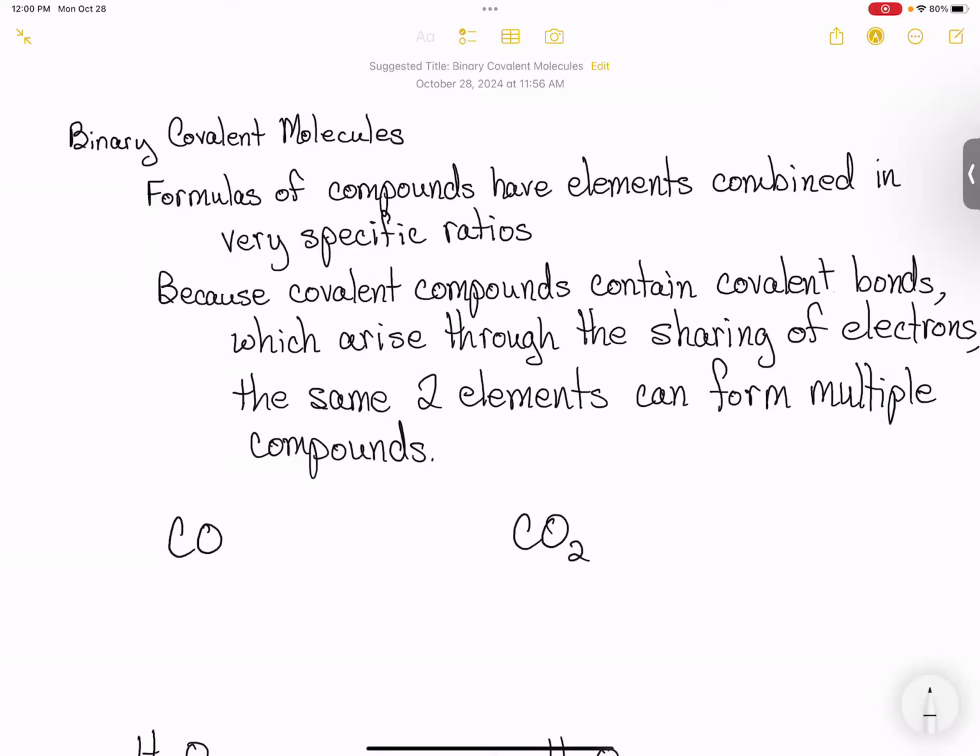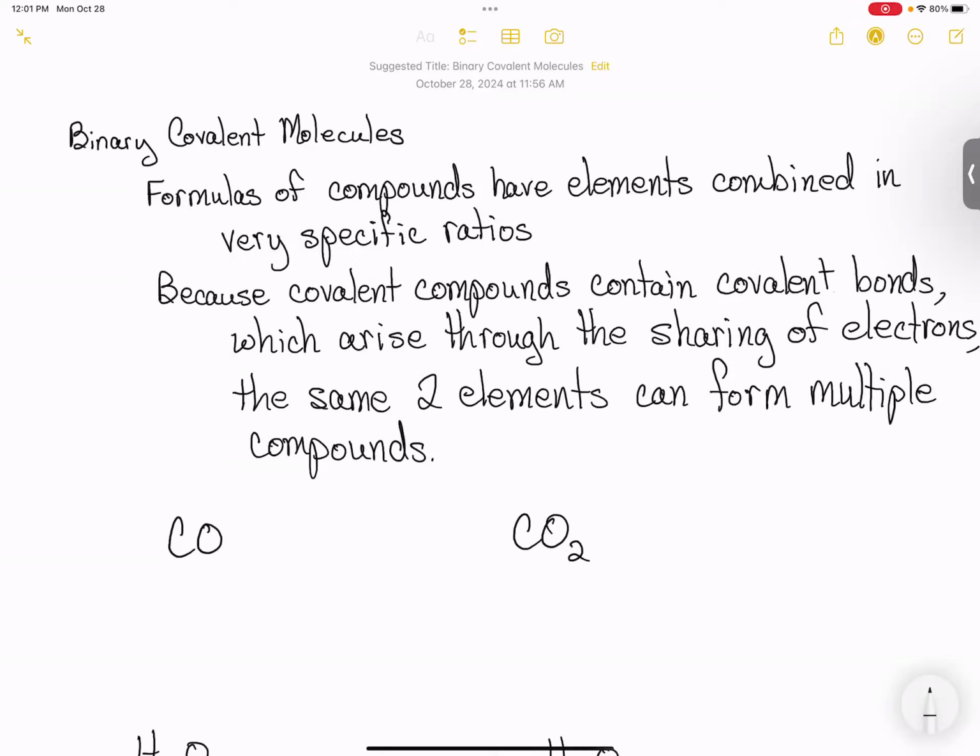Because of this fact that these molecules have, we need to be able to distinguish between them. And one way we can distinguish between these molecules is through their name. So on Friday, when I gave you methane, that was just CH4.